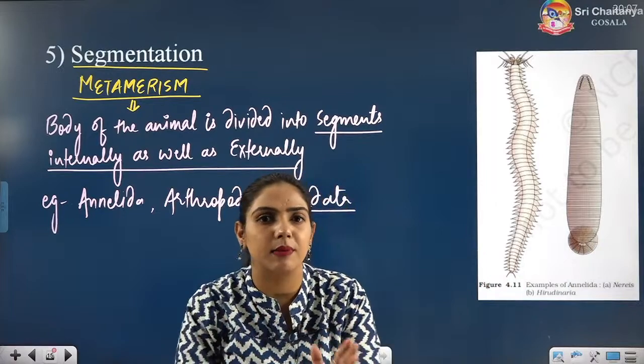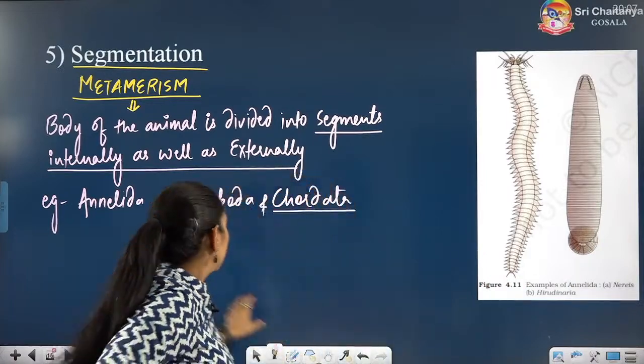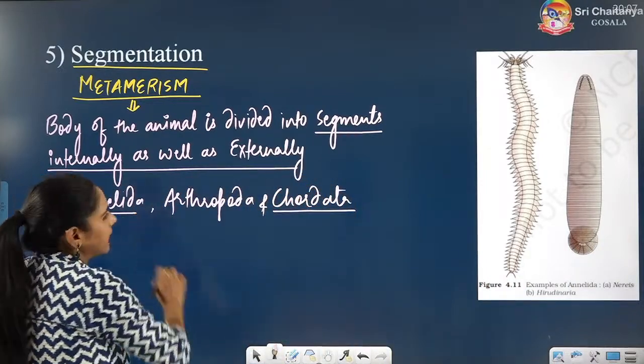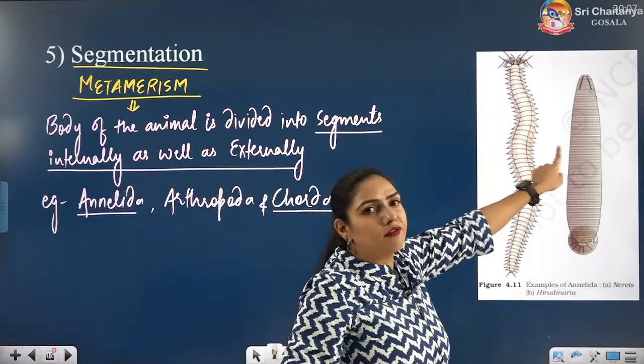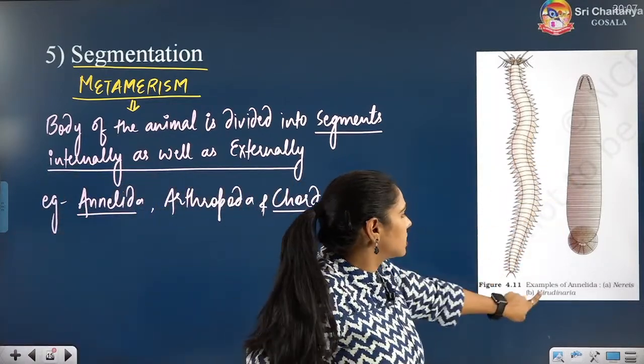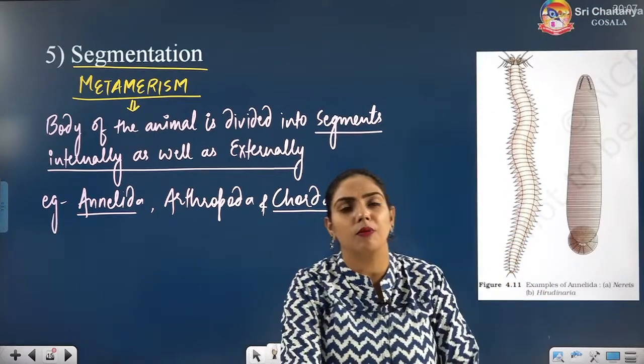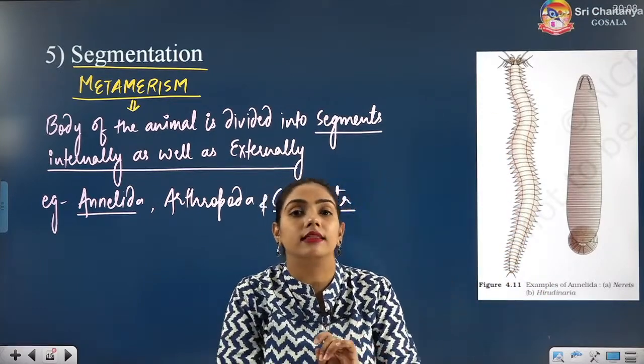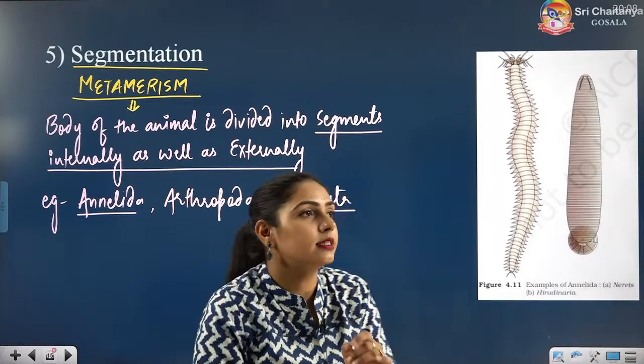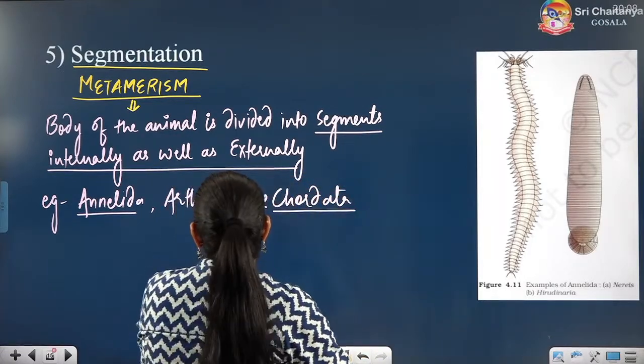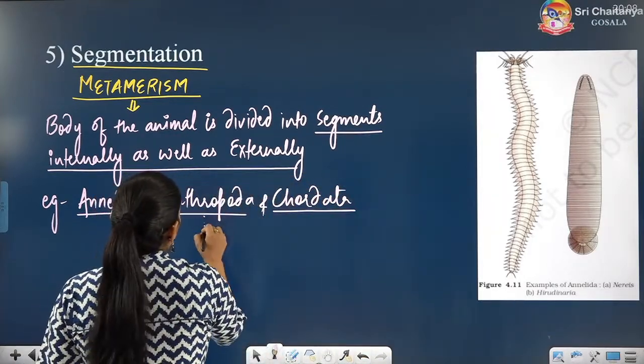This type of segments can be different. So in case of Annelida, you can take the examples. These are the examples of Annelida. This is Nereis, this is Hirudinaria. You can see from the external side also that they have segments. If we talk about Arthropoda, you can take the example of cockroach.